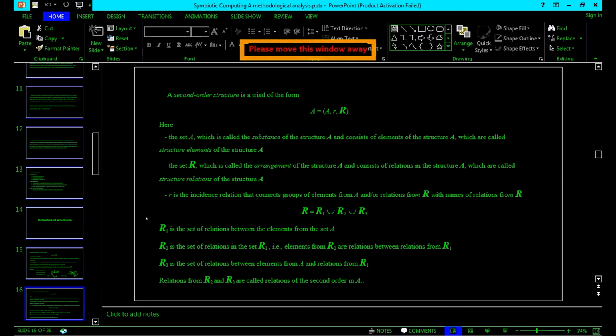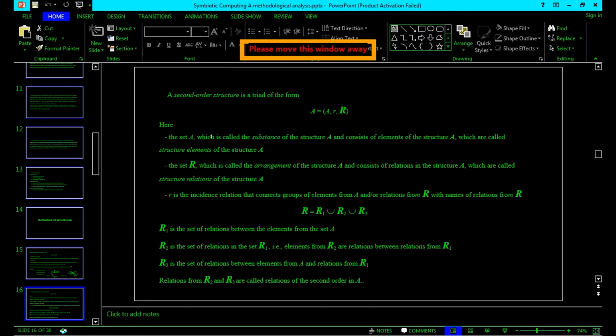Then on the next level, we have second-order structures. And the second-order structure is also a triad of a similar form, A bold equal to A, capital R, and R bold capital.